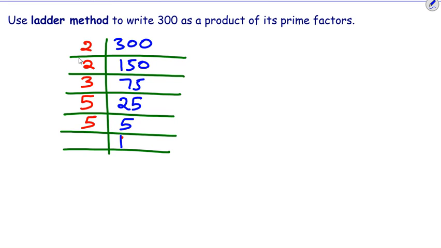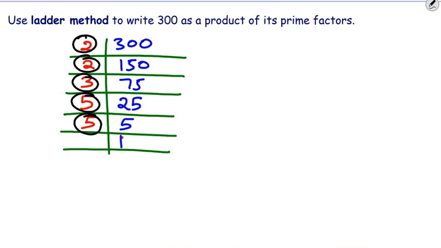Now, how do we use this to write 300 as a product of its prime factors? If you look at the left, all these numbers here are prime numbers. And these are prime factors of 300.